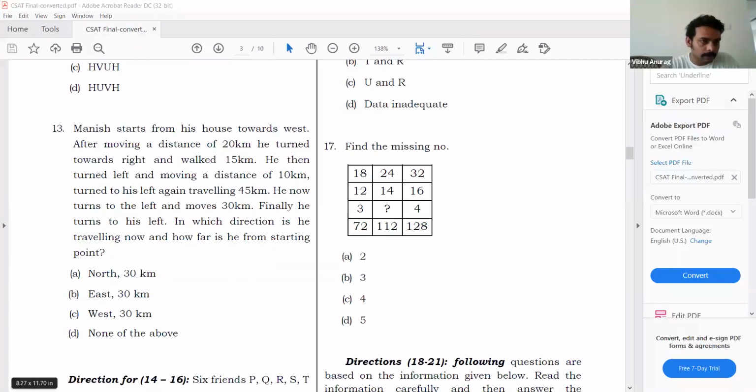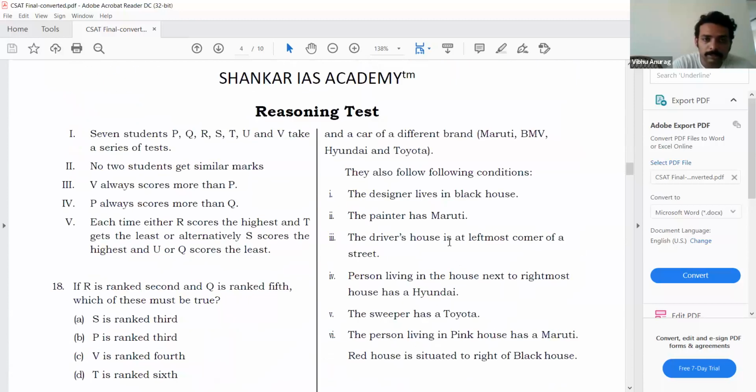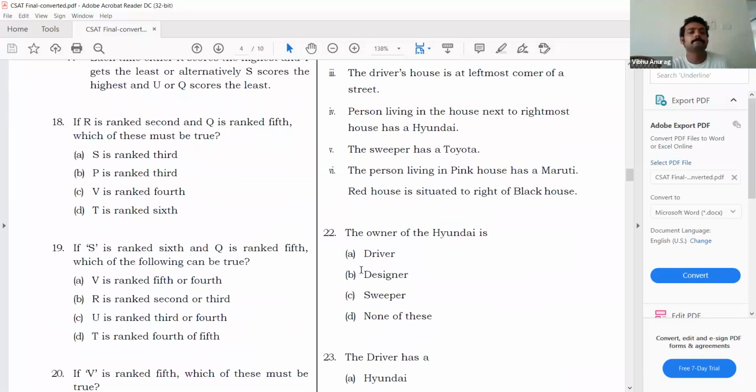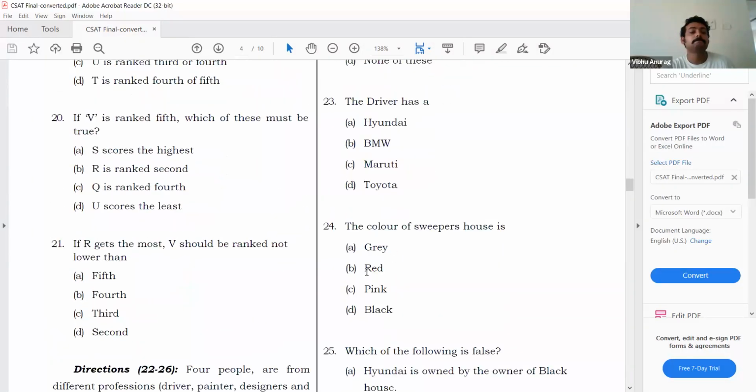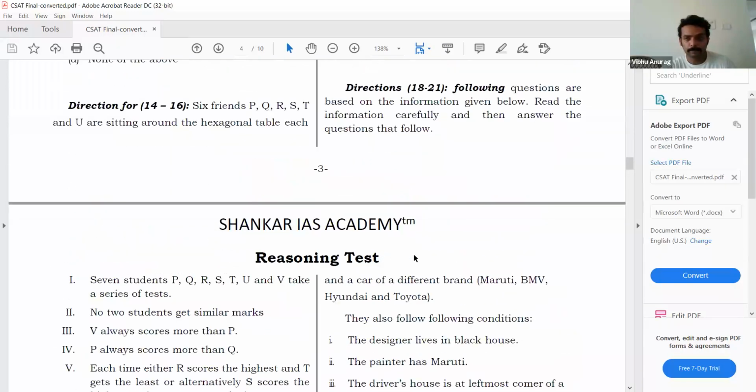So now I'm putting up the answers for 11 to 17. Please check whether you have made any mistakes. These are the answers for questions 11 to 17. Please see whether you made any mistakes. It's all fine.